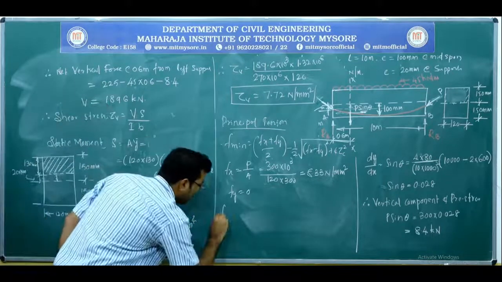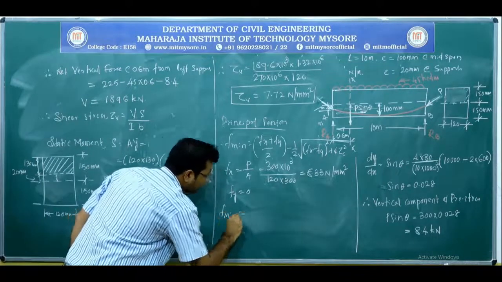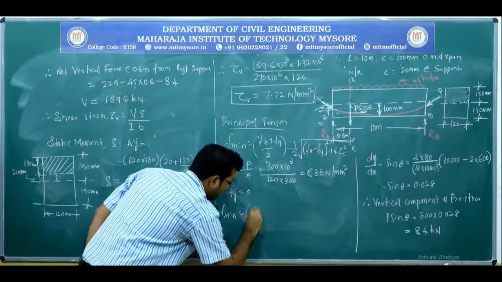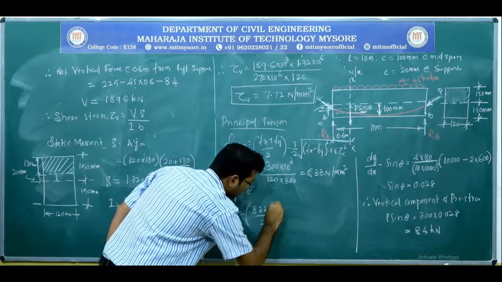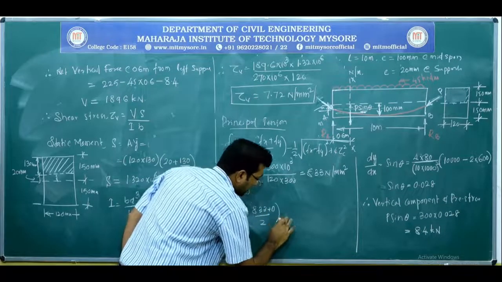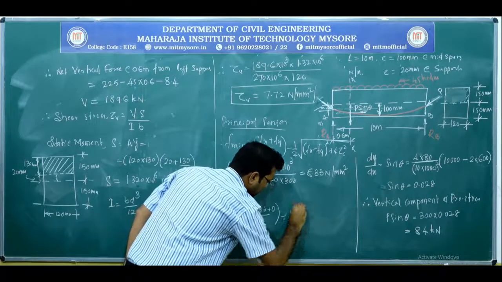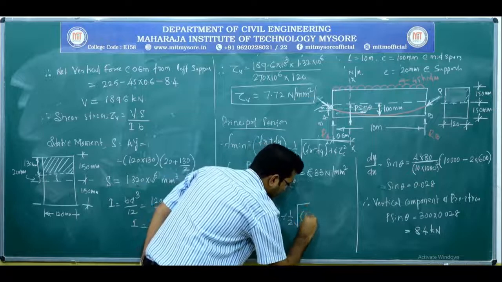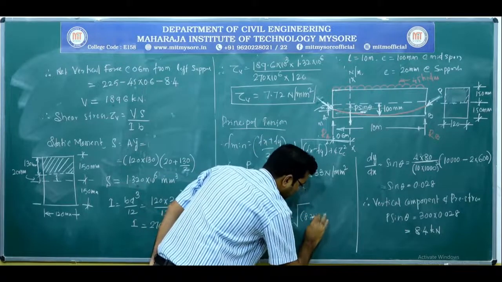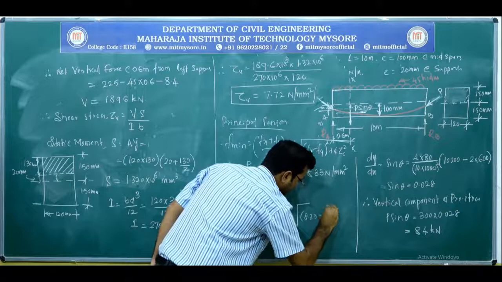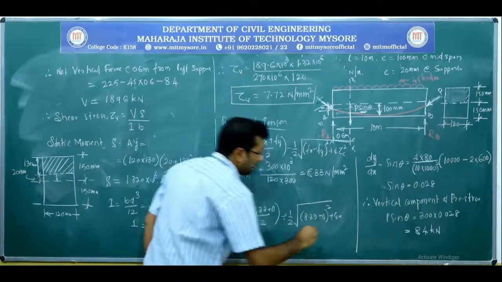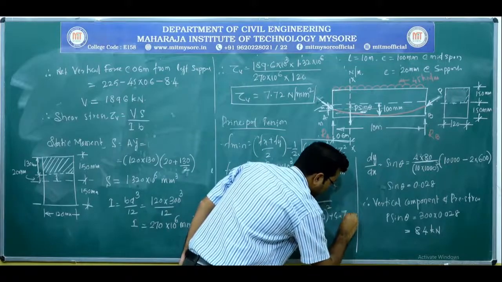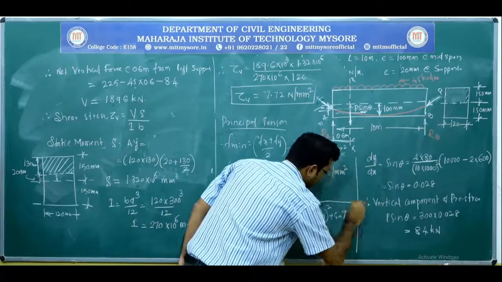Therefore, f minimum is equal to 8.33 plus 0 divided by 2 minus half into the square root of (8.33 minus 0) whole square plus 4 times 7.72 whole square.